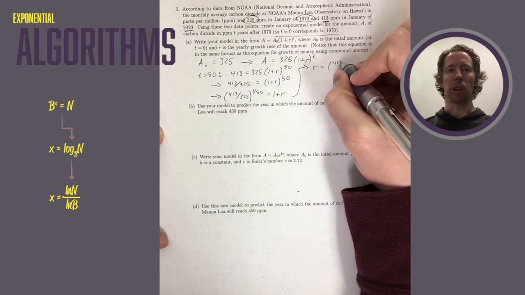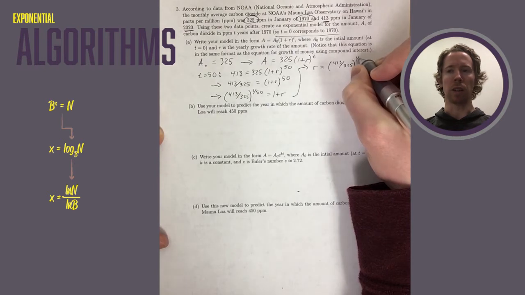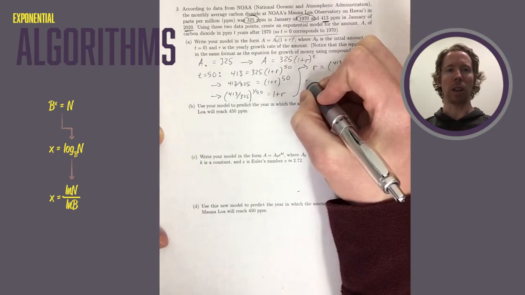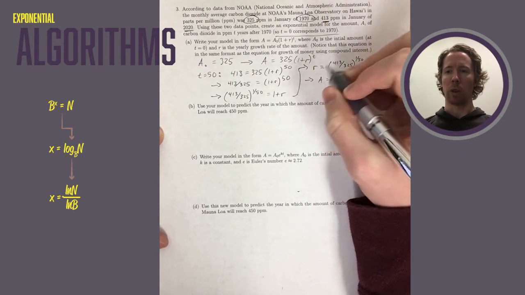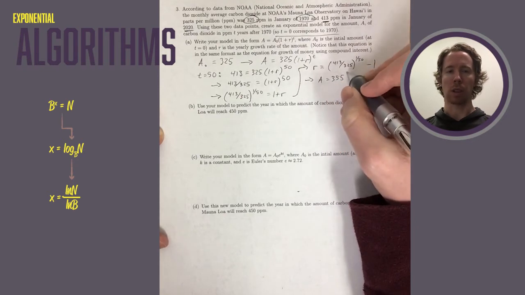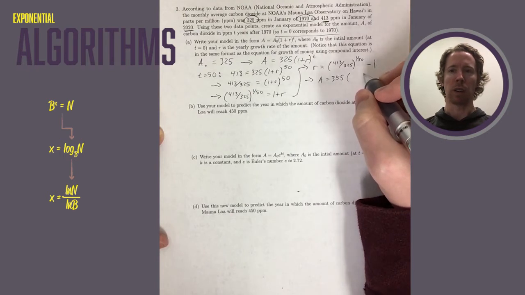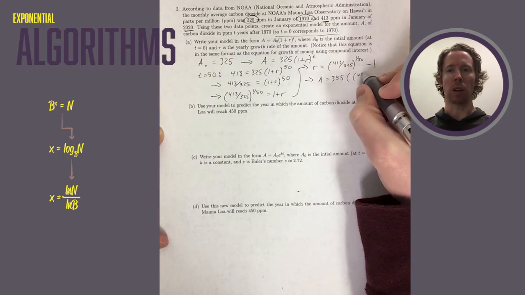Once I have this expression for r, I'm going to go ahead and plug that into the model. If I'm doing this by hand and I can't get a decimal approximation for r, then when I plug in r, I have 1 plus this fraction in parentheses, raised to the 1 over 50, minus 1. So I have a plus 1 in the front, a minus 1 in the back.